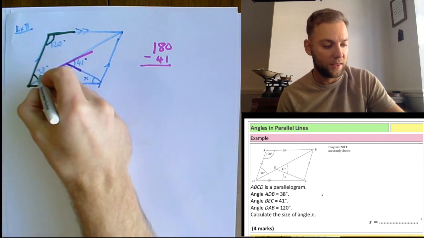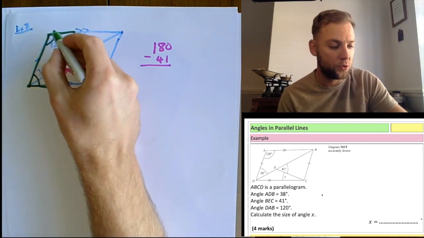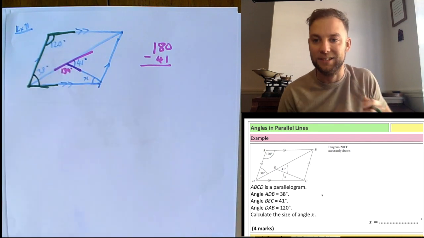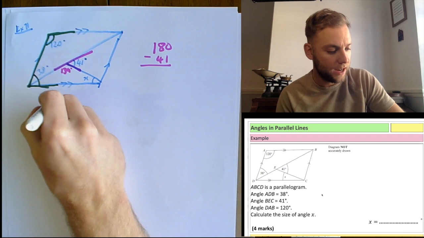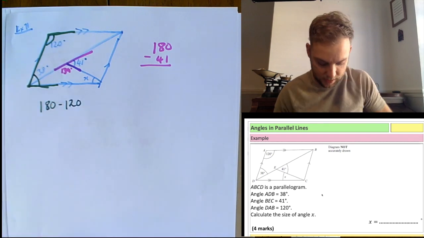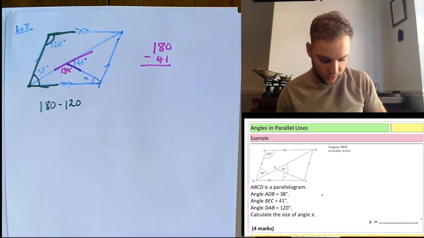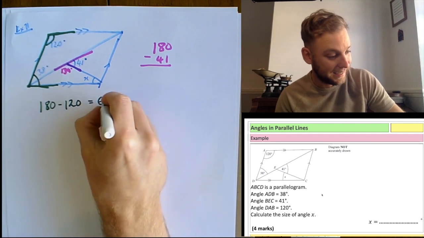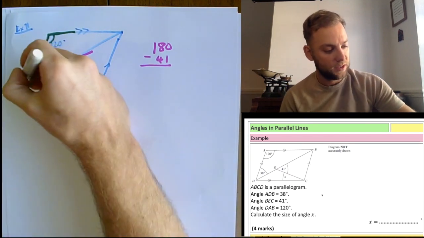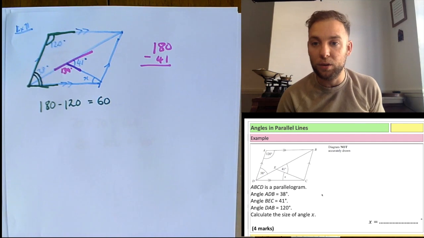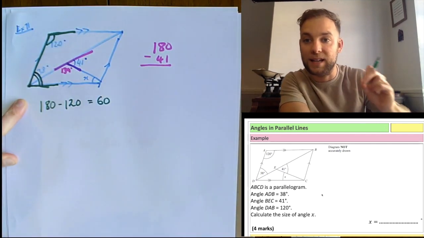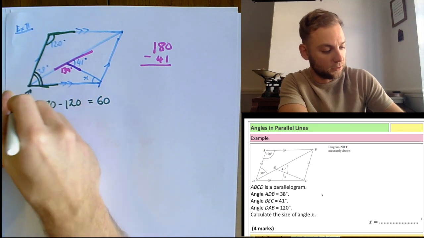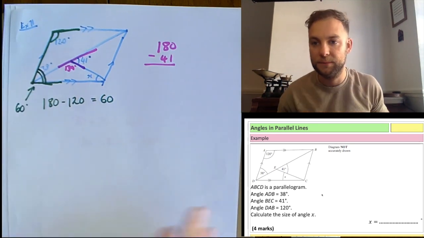I'm not saying that this one and this one sum to 180, I'm saying this one 120, 38 and this angle here all sum to 180. So if I do 180 minus 120, which is equal to 60, I know, I'm going to double line this one, that this double lined angle here, because these two are co-interior, is equal to 60 degrees.